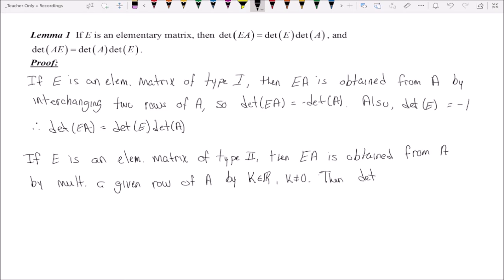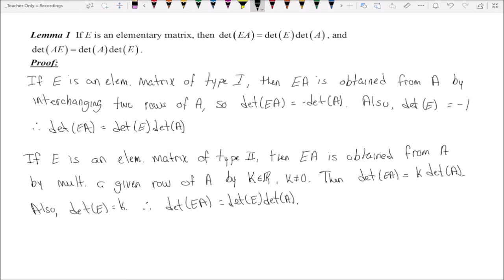Then the determinant of EA would equal K times the determinant of A. Also, however, notice that the determinant of E would be K. So we have, once again, the determinant of EA is equal to the determinant of E times the determinant of A.